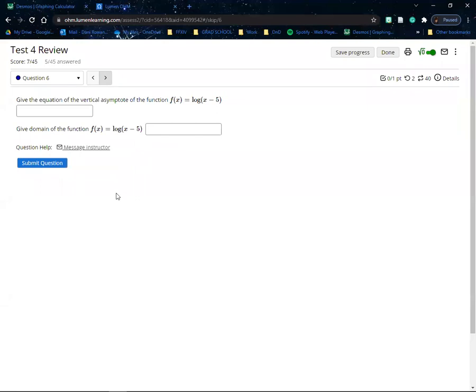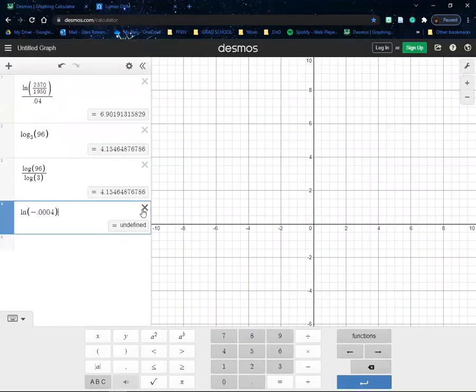So here it wants the equation of the vertical asymptote for the function log of x minus 5, and then the domain of the function log x minus 5. Well, there's a couple things you can do here. You could attempt to solve or think about where it's shifted, and sometimes it's just best to graph it.